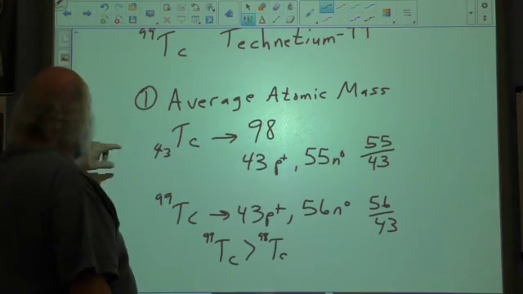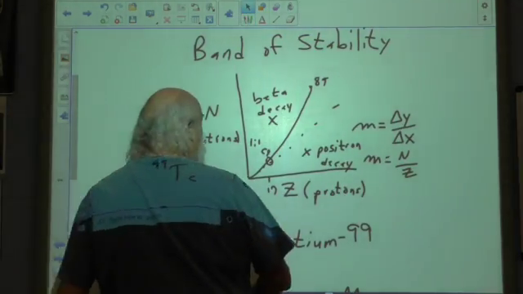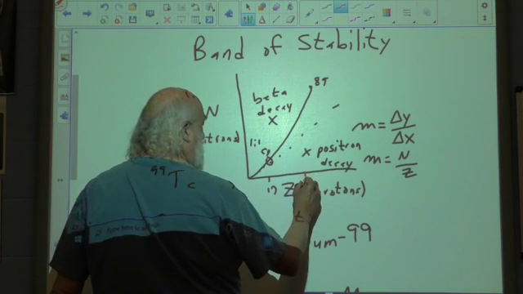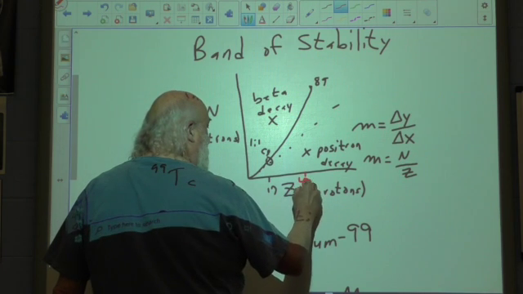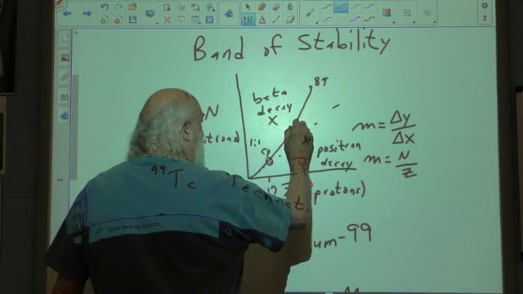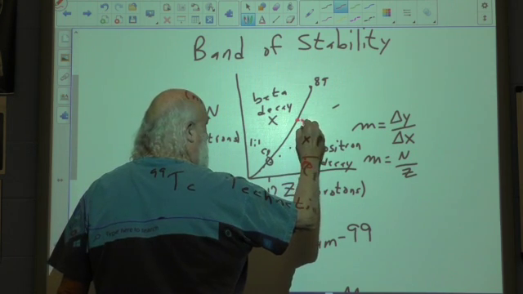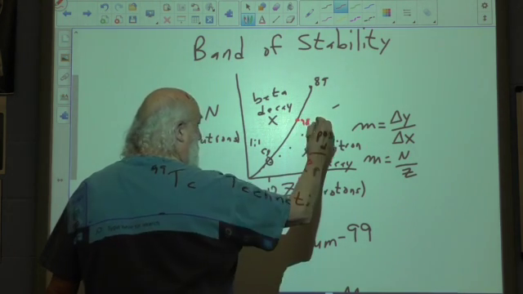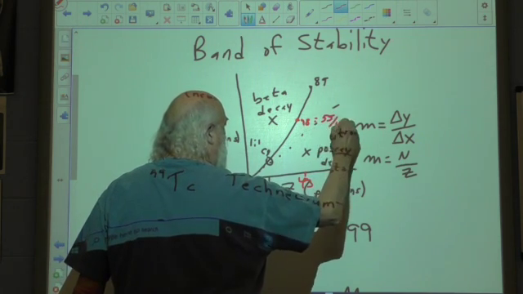neutrons to protons. So if we take a look at this right here, if we say that 43 is somewhere around here, if this is right on the band of stability, this would be 98, or if you want to look at it the other way, 55 to 43.